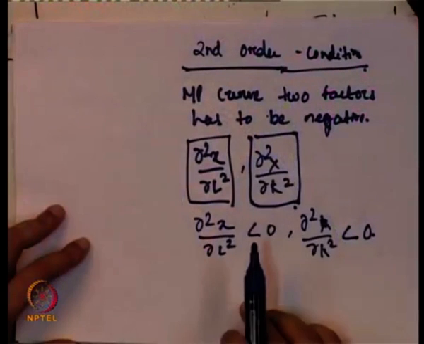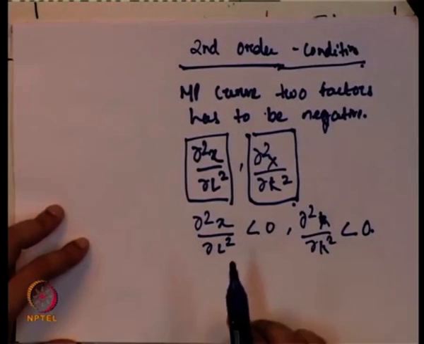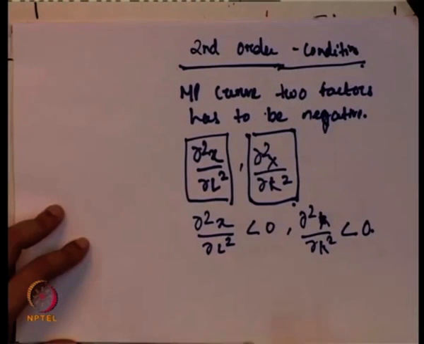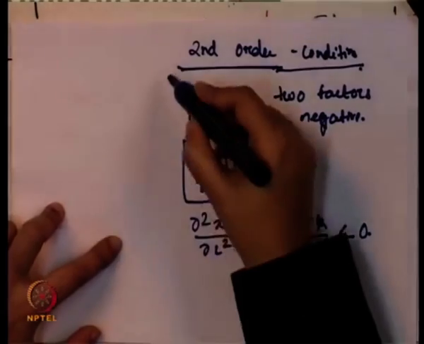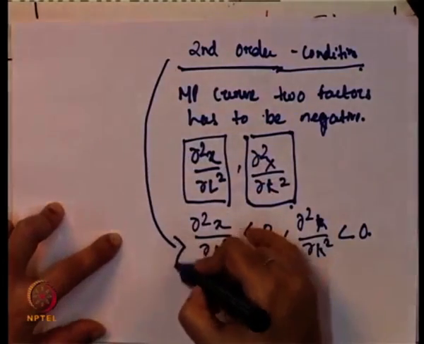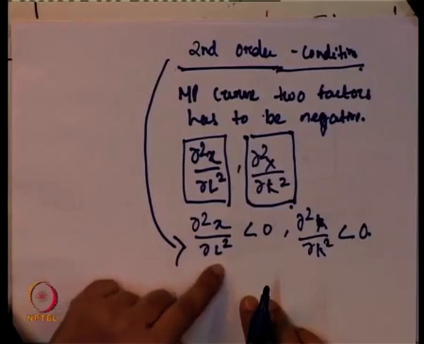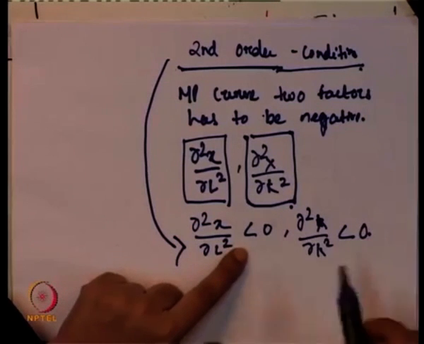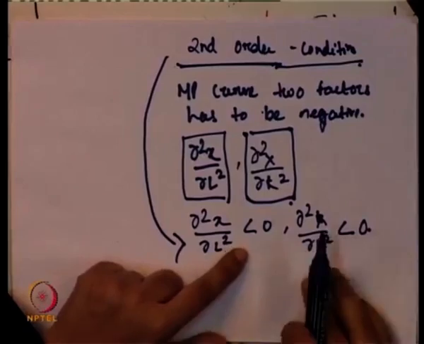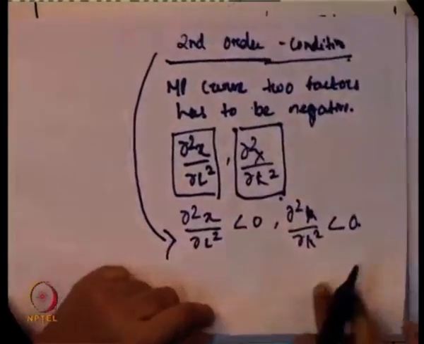We need to take the second order derivative with respect to capital and with respect to labor of the composite function, and that gives us del square x by del L square for labor and del square x by del k square for capital. The second order condition says that it has to be negative, and that is the reason del square x by del L square has to be less than 0, and del square x by del k square has to be less than 0.